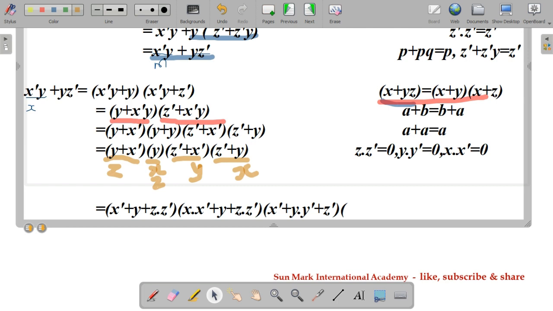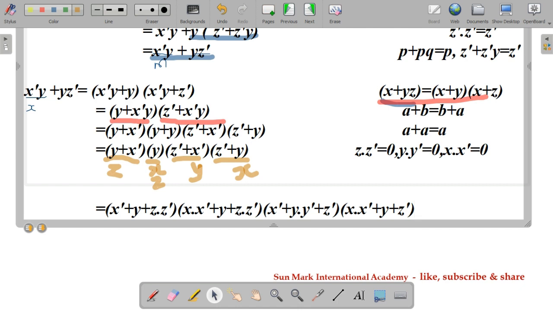In the last max term, x is missing, so (x·x' + y + z'). So finally we got this expression: (x' + y + z·z')·(x·x' + y + z·z')·(x' + y·y' + z')·(x·x' + y + z').